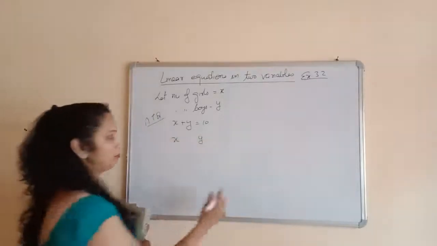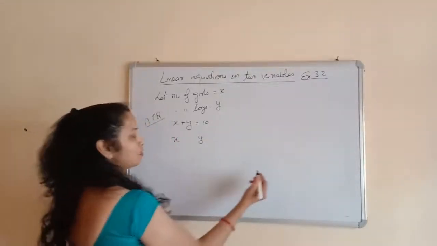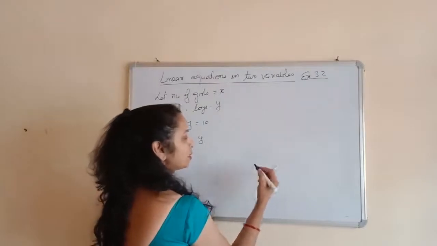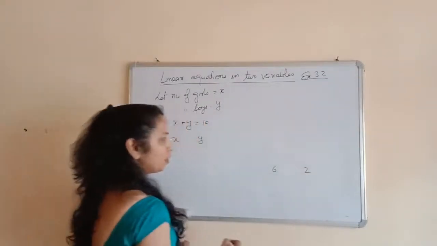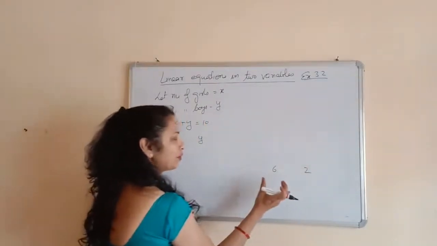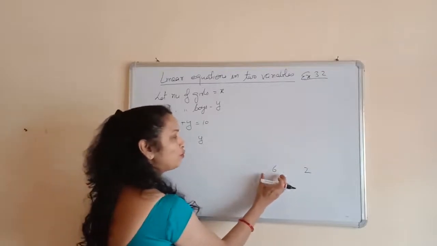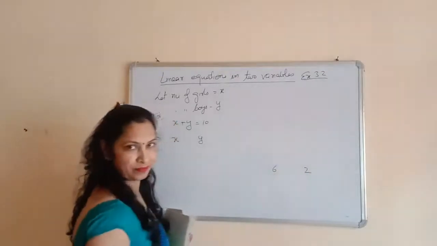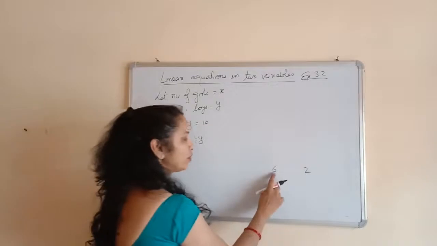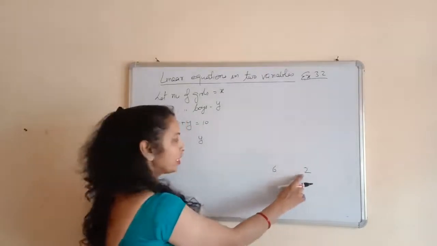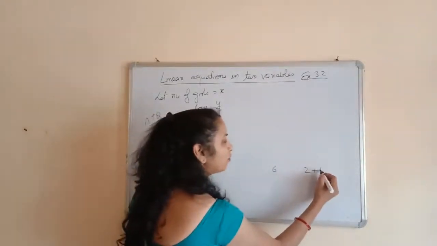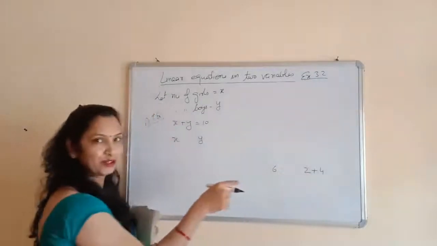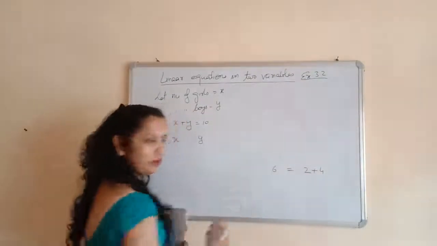Let's take one example. Suppose in your class there are 6 girls and 2 boys. You know that there are 4 more girls than boys. So if the number of girls is 4 more than the boys, and we add 4 to the number of boys, then they will become equal.